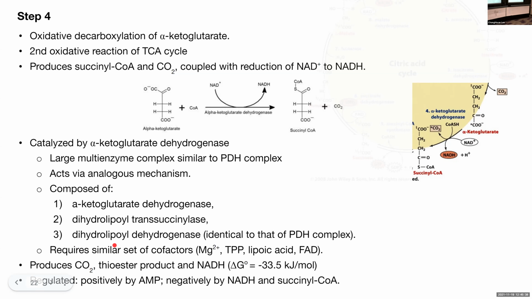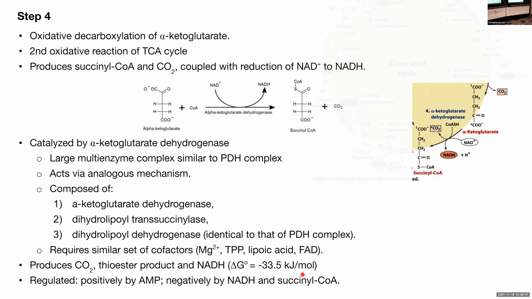And again, they use the same mechanism, going through steps 1 to 5 that we just talked about before for making pyruvate into acetyl-CoA. But instead, it uses alpha ketoglutarate to generate succinyl-CoA. It requires similar cofactors or coenzymes too, like magnesium cation, TPP, lipoic acid, and FAD.